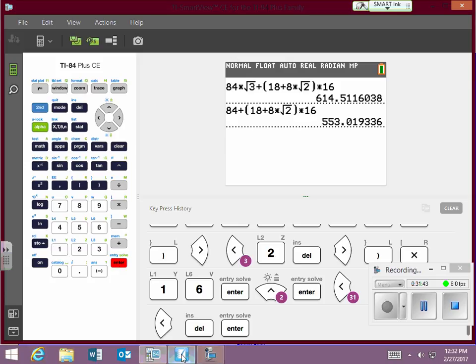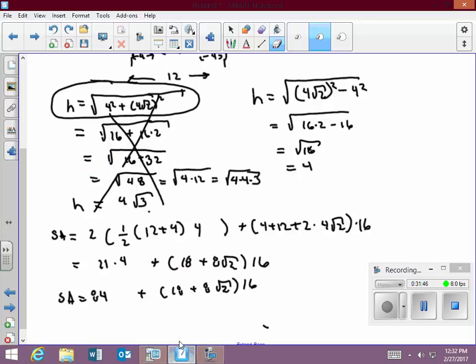Do I still do something wrong? The first bit will be 84. This 1/2, that's 16 times 4. 64. So this is wrong. 16 times 4. Lord. So that's 64. Boy.